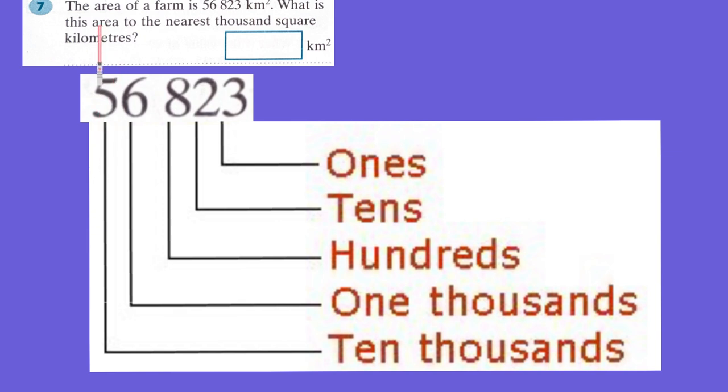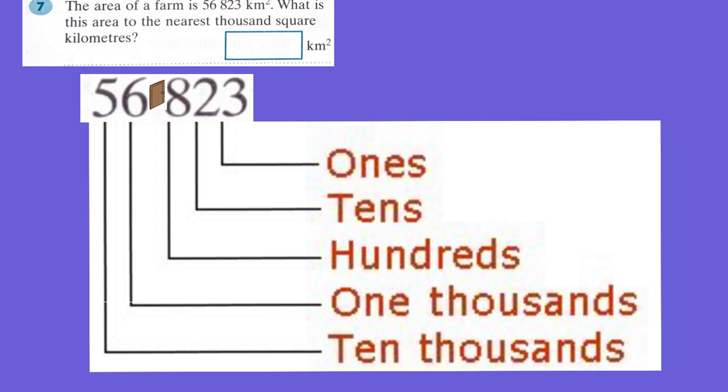Now you want to know the area to the nearest 1,000, which means you want to know the area nearest to that number. Okay, let's for fun put a door in after the 6, and let's pretend we're going to have a look what's behind the door. Behind the door is a number 8. Now, what will happen to 6 if you have a number 8 behind the door?